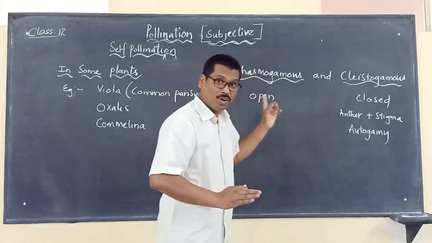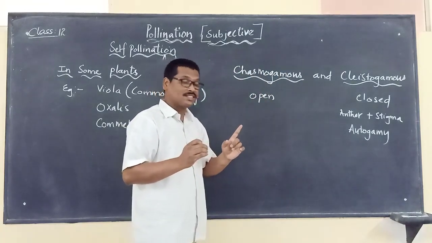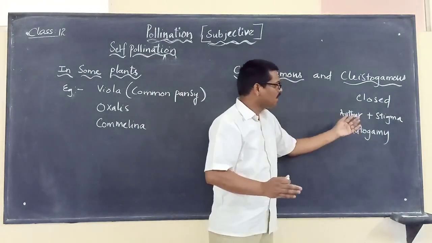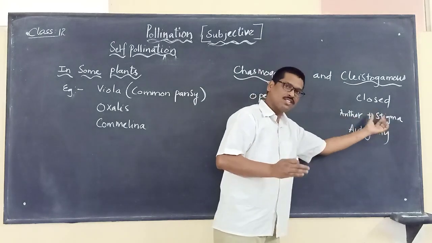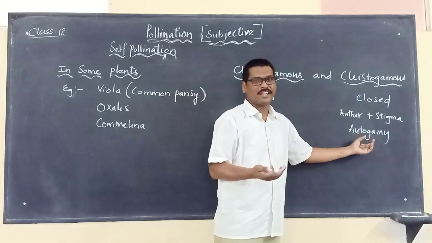Earlier we said that for autogamy to occur, the anther and the stigma should lie very close to each other. Here they do, so autogamy compulsorily takes place.